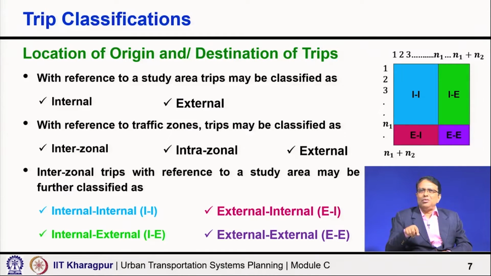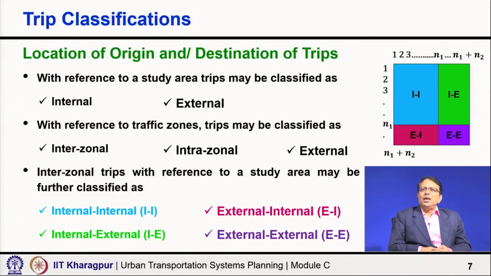internal with respect to the study area boundary, because they are all within my study area. So, any movement that is happening within the zones or in between zones within this study area is internal.